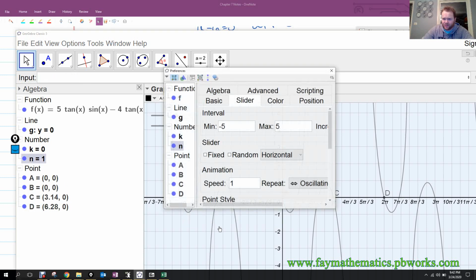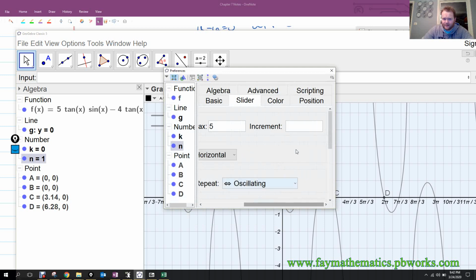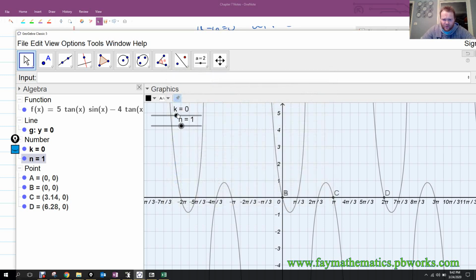And again, I'm going to make sure that that is going by integers. And what I just want to do is demonstrate how you can see these points. So B is moving and D is moving. Let's make B red, make it pretty big. We'll make D blue, and we'll make it an X.